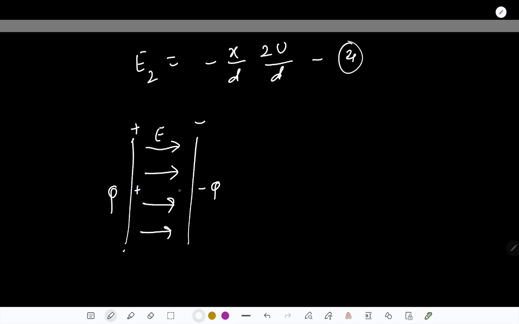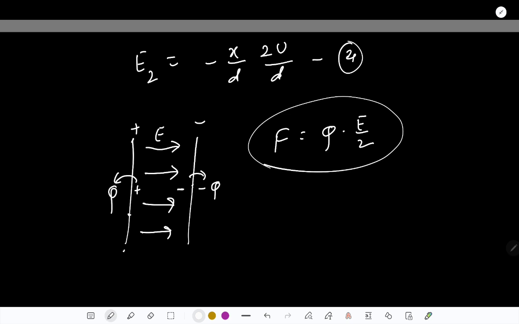Of course plus Q will be here and minus Q will be here, and if we try to calculate the force on this plate, I can simply write this force equal to charge multiplied by electric field produced by this plate only, and that is not E but E by 2. So I can use this idea so that I can calculate the force acting on the foil.